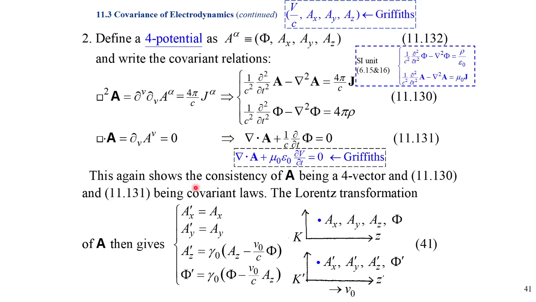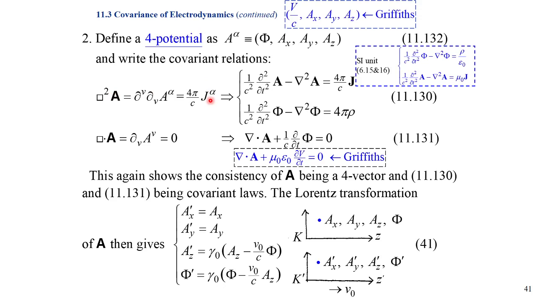Again, maybe we should go back. That's a 4 tensor of the first rank, and this is a 4 tensor of the first rank. We just express an equation in 4 tensors of the same rank. Therefore, the transformation of this equation and this one will be in the same way, just Lorentz transformation.